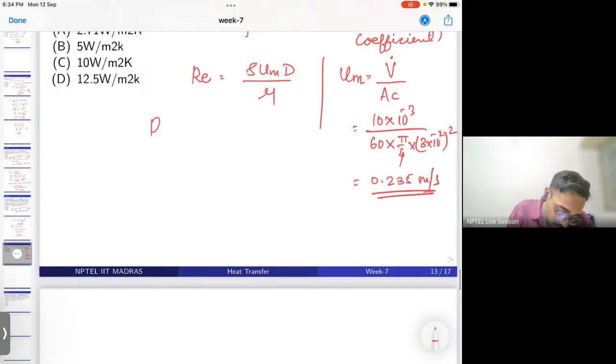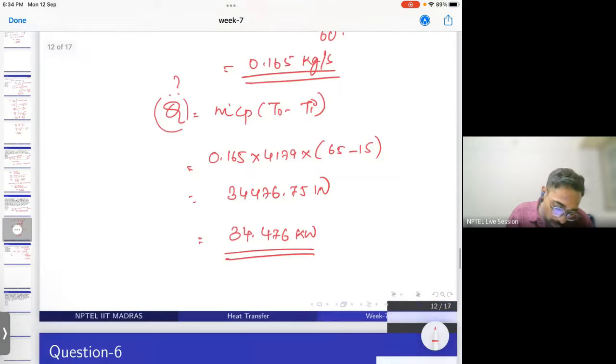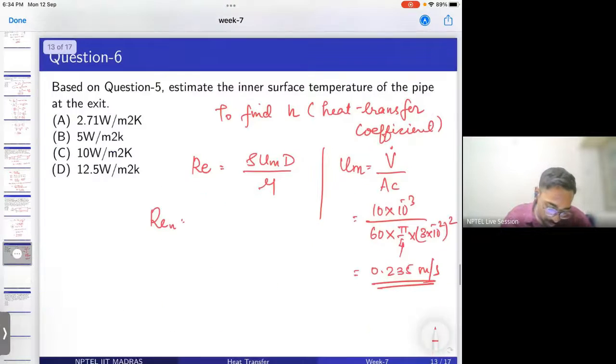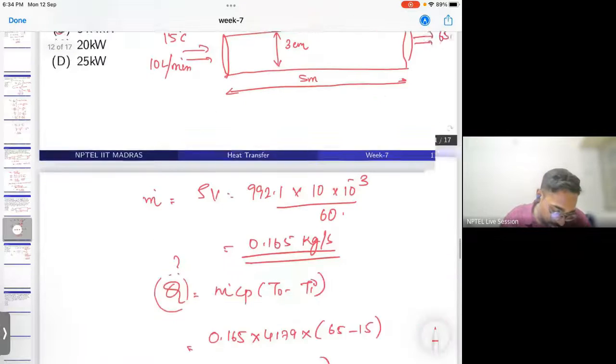Now we need to calculate the Reynolds number. These properties are all evaluated at the mean temperature, that is 15 plus 65, which is 80, divided by 2, that is 40 degrees. So these properties are calculated at the mean temperature of 40. So the rho, how much is it given?